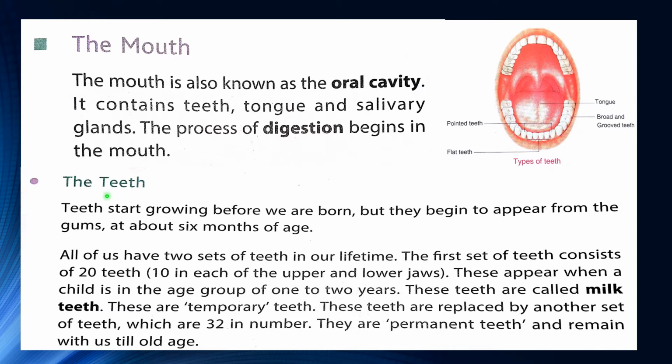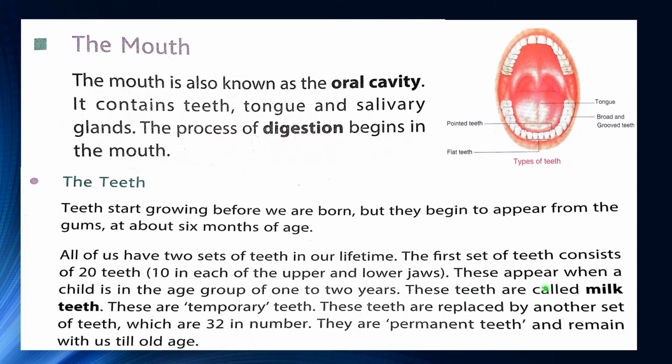The teeth. Teeth start growing before we are born, but they begin to appear from the gums at about 6 months of age. Students, all of us have two sets of teeth in our lifetime. The first set of teeth consists of 20 teeth, 10 in each of the upper and lower jaws.